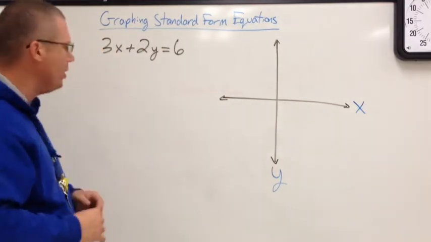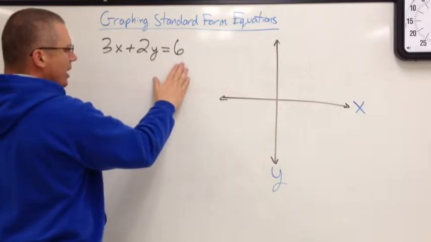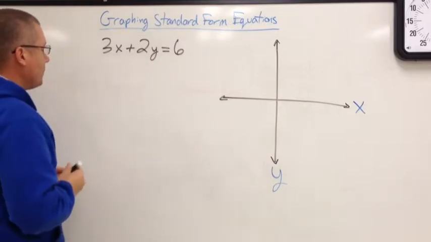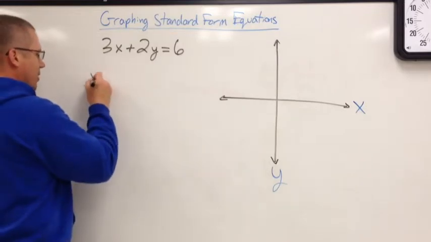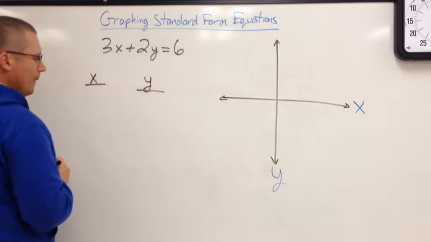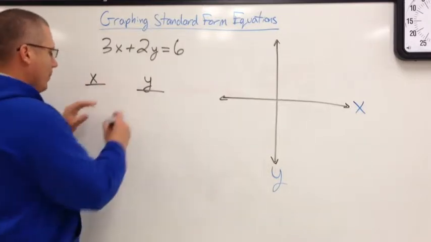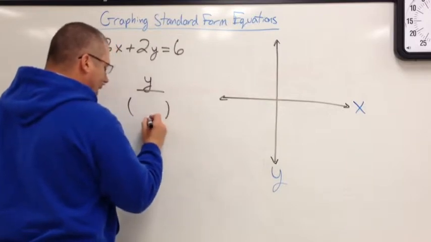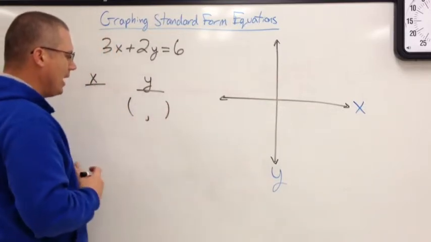So here's what we're going to do. Here was my equation, 3x plus 2y equals 6. We're going to work to find the x-intercept and the y-intercept. By the way, I'm going to put an ordered pair here and leave it blank for now.